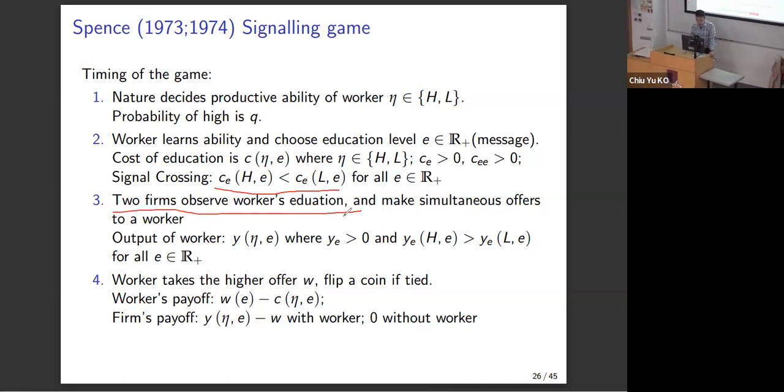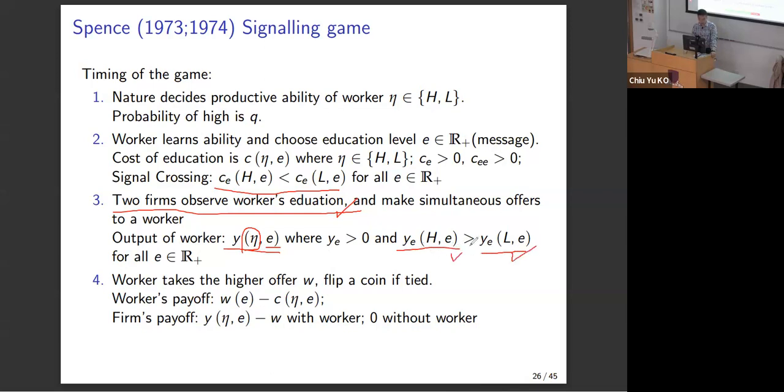The output of the worker depends on education and type. Obviously, the high type is better than the low type for the same education, and education is more useful for the high type than the low type.